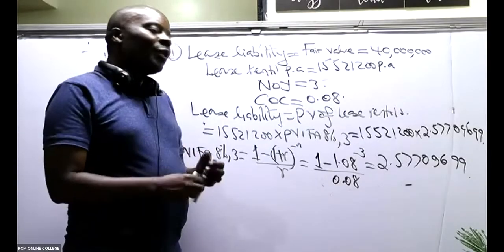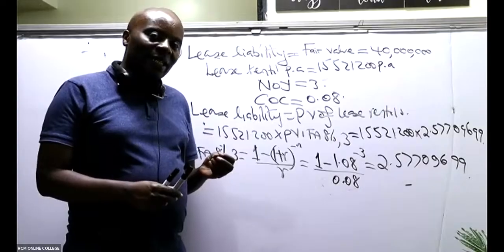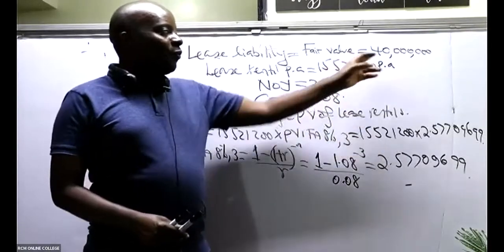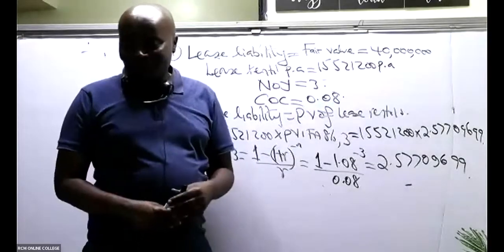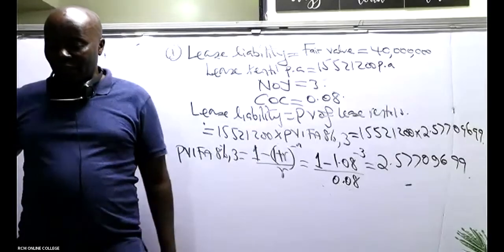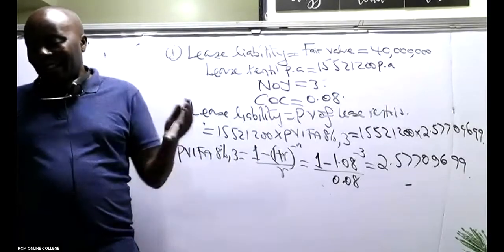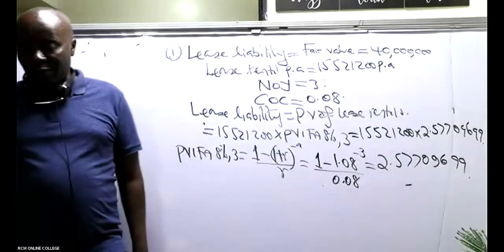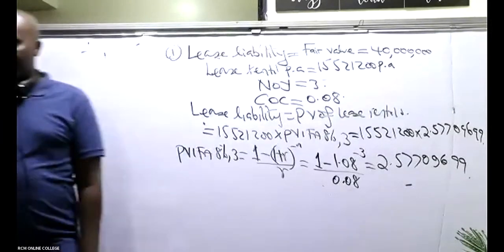Of course, there will be rounding off errors still, but most importantly, whatever figure we get here will be very close to this 40 million. It may be 39, and so on.